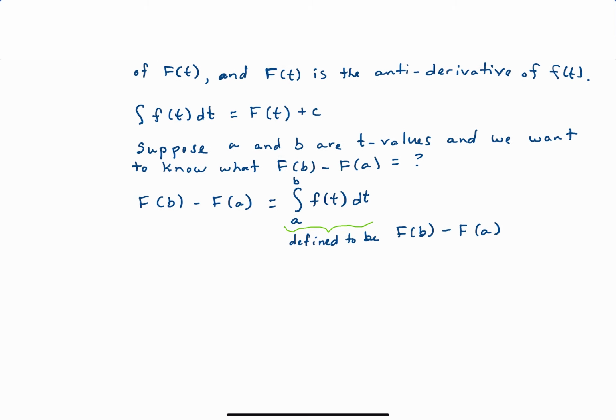There's another notation for F of b minus F of a, and it looks like this. Capital F of t, and then you have a vertical line with the a and the b.